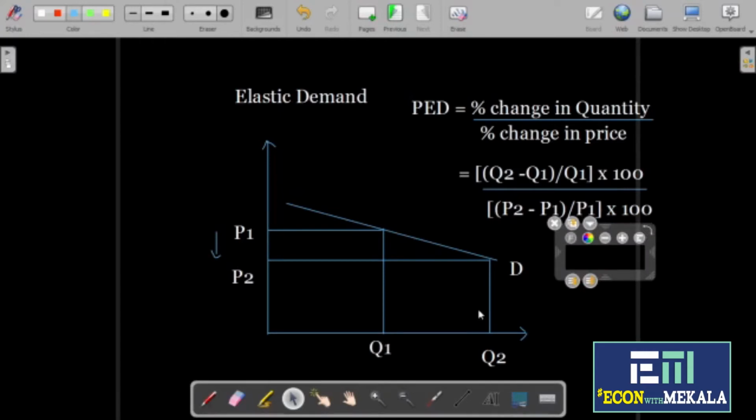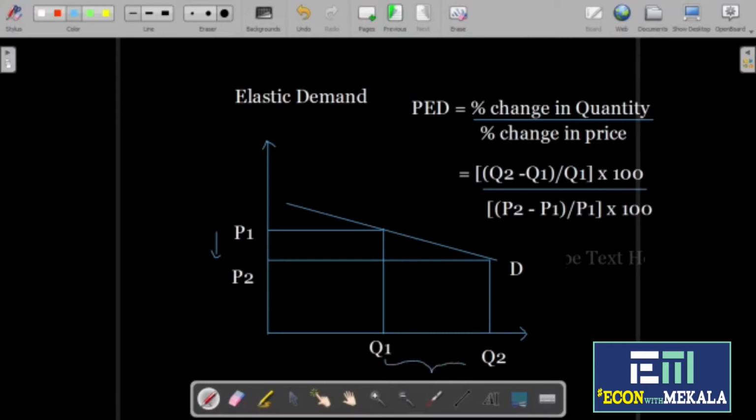You can see percentage change in quantity demanded. To calculate that, we have to find Q2 minus Q1. For your convenience, we can consider this as delta Q. In economics, we often use this notation delta. Delta represents the difference.